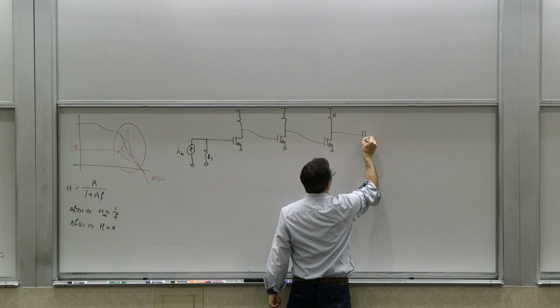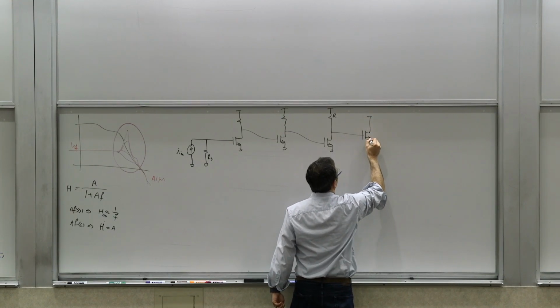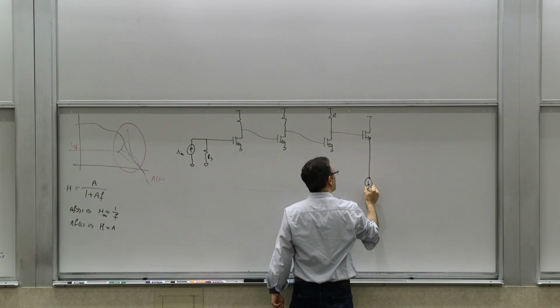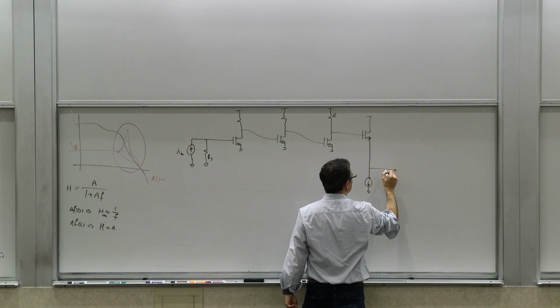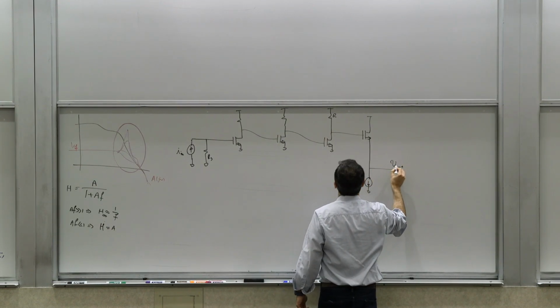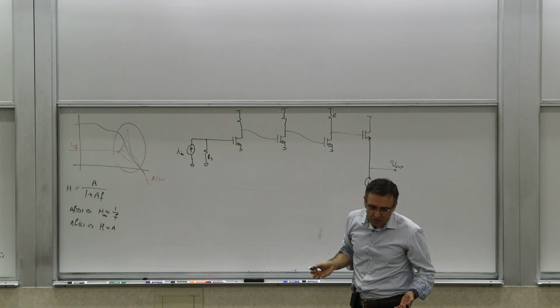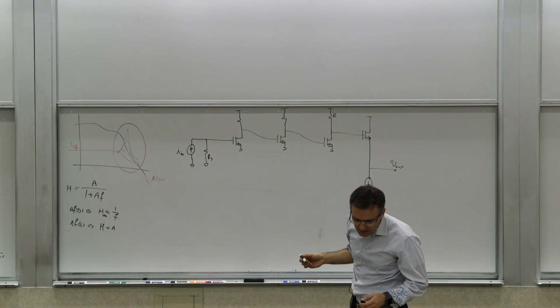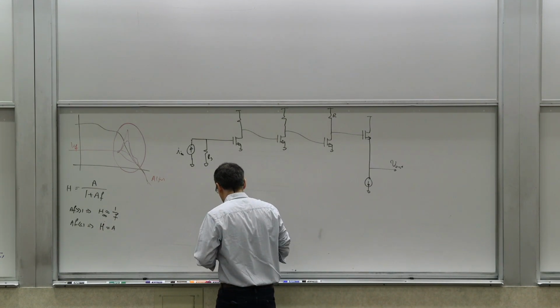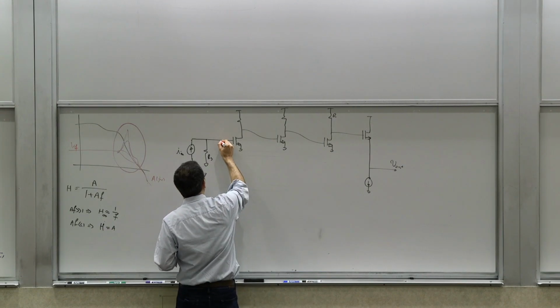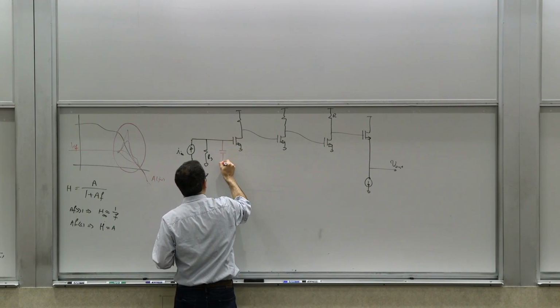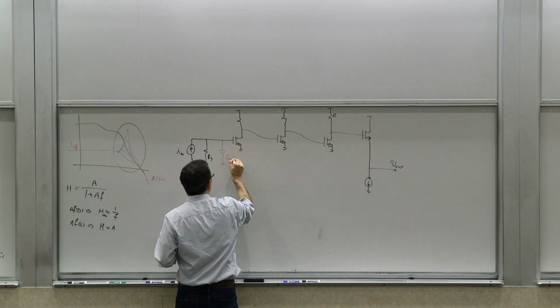And then you go to a buffer stage, a follower stage, which is biased with a current source. So make it very simple, and it drives the output, V out. Right? So there are 3 transistors, M1, M2, M3. And then let's say there are 3 capacitors here. So this capacitor at the input, C in, has 2 parts.